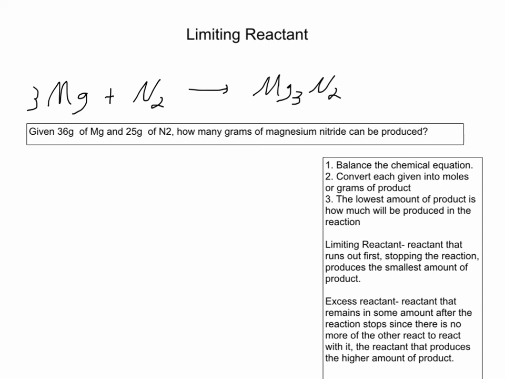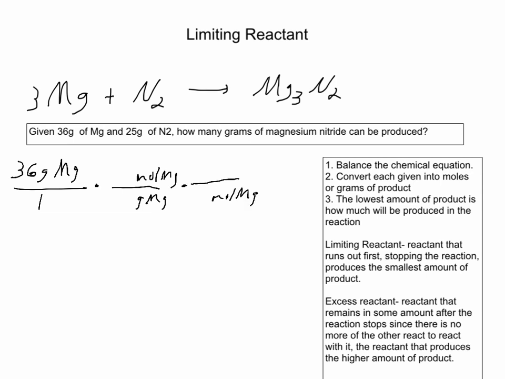So we start with the 36 grams of magnesium over 1 times grams magnesium, convert to moles of magnesium. Then the next fraction, mole magnesium to mole magnesium nitride.